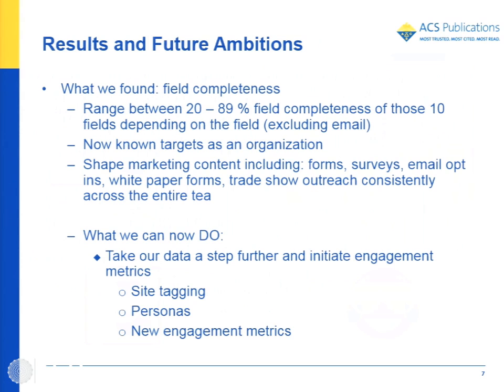And so now that we have this set of 10 that we're targeting and we're completing those fields, we can take a further look at what people are doing and link that with our marketing automation database as well. And we're going to do this through site tagging, so bucketing people into groups like, oh yeah, they say they're interested in JACS, but really they're looking at energy and fuels. And so we'll be able to use that data then to give them the appropriate content that they want. And hopefully that will drive more engagement with us and they'll look at us in a better light.